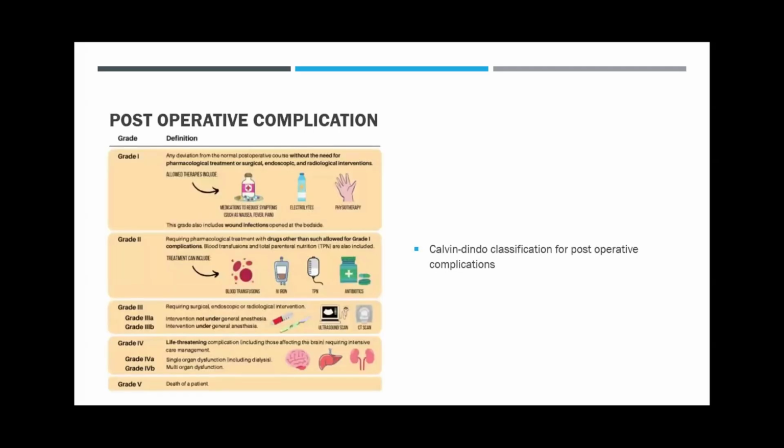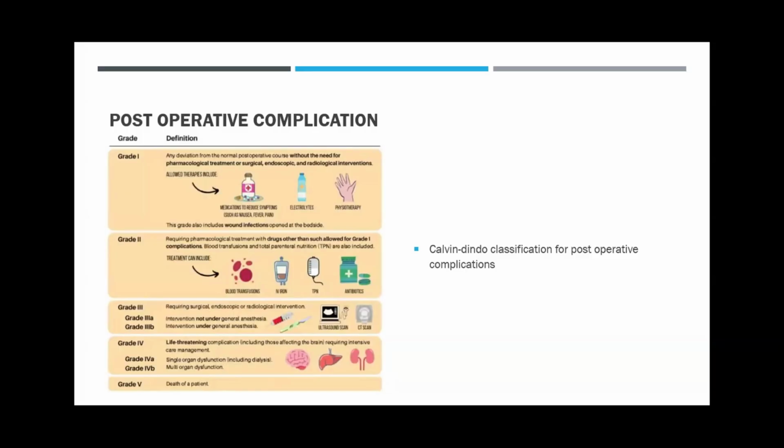Now I'm going to jump to the general complications, and usually we use the Clavien-Dindo classification to classify post-operative complications. Clavien-Dindo classifies post-operative complications into 5 grades, where grade 1 is when there is no need for surgical or pharmacological intervention except for physiotherapy, electrolytes or symptom management.